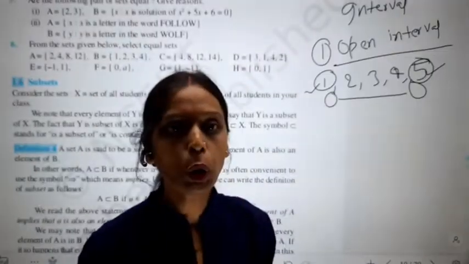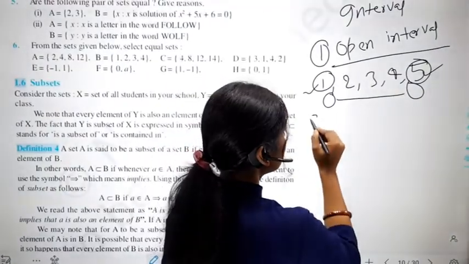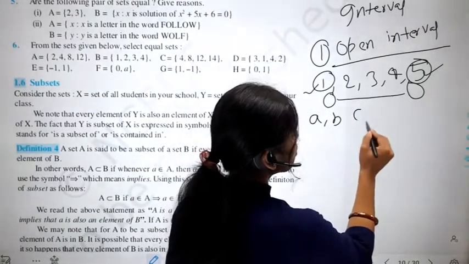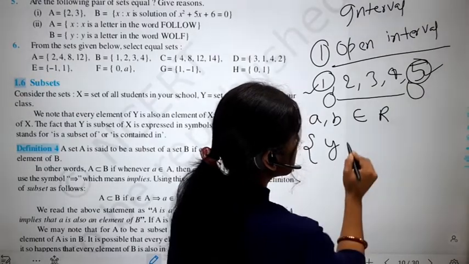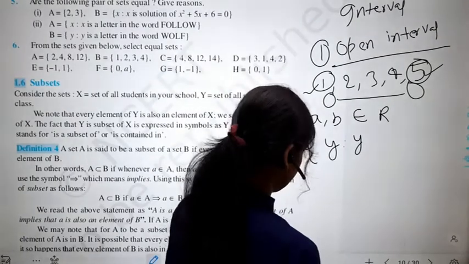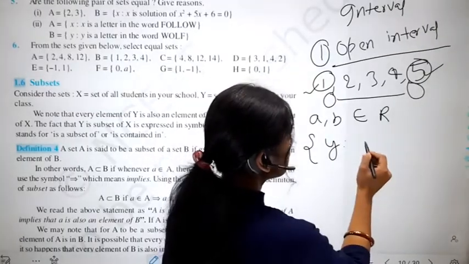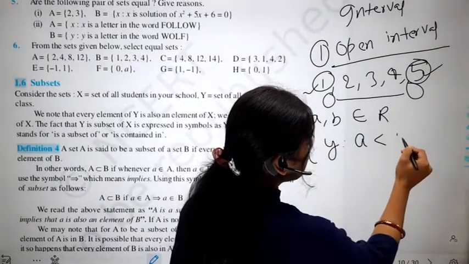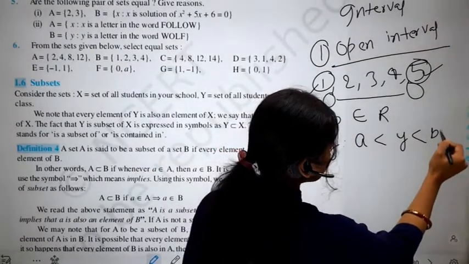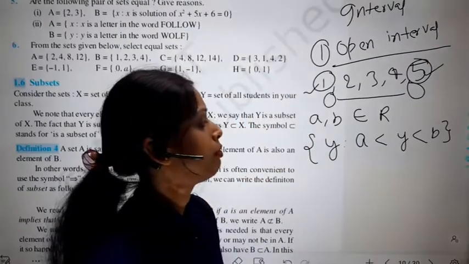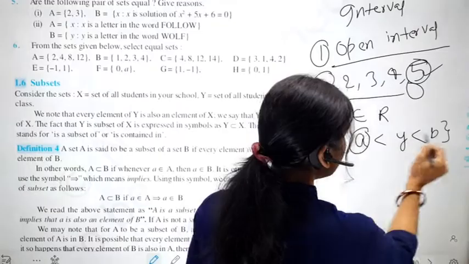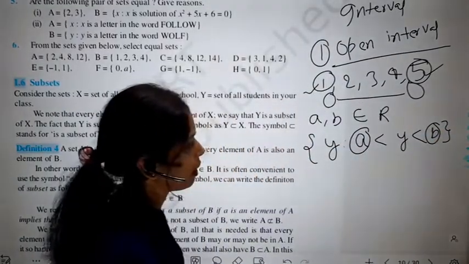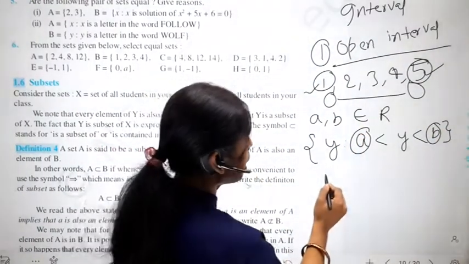Means what is an open interval? If a, b belong to real numbers, then the collection of all those y such that a is less than y and y is less than b. Then here we are excluding a and b. Then what will be the open interval?